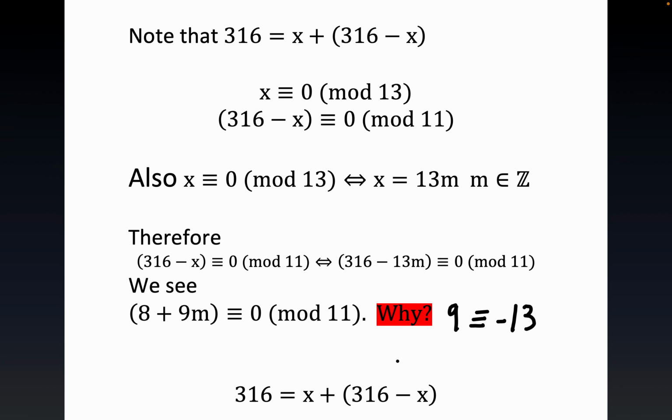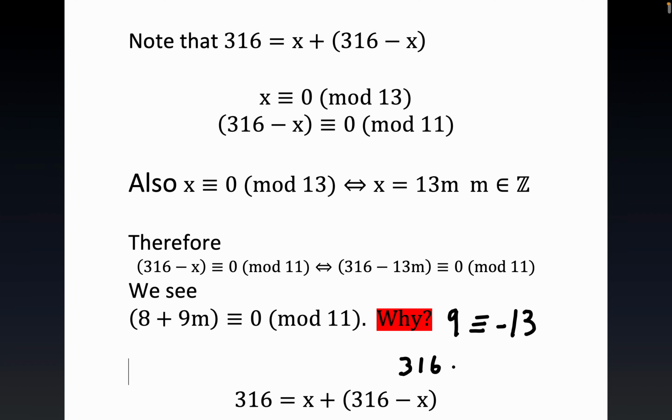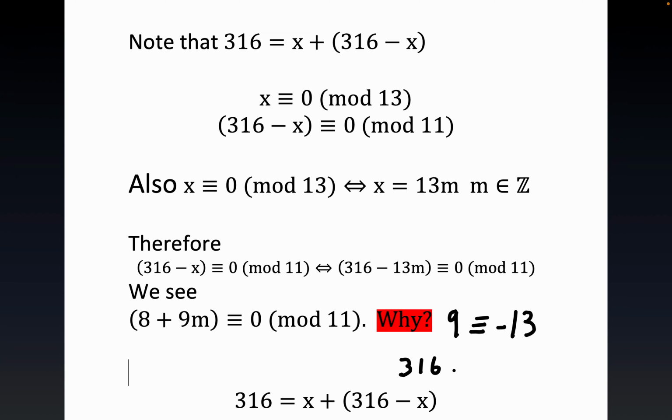I think we can rewrite 316. The arithmetic here would be 316 is equal to 11 times 28, which is 308, right? 11 times 28 is 308.